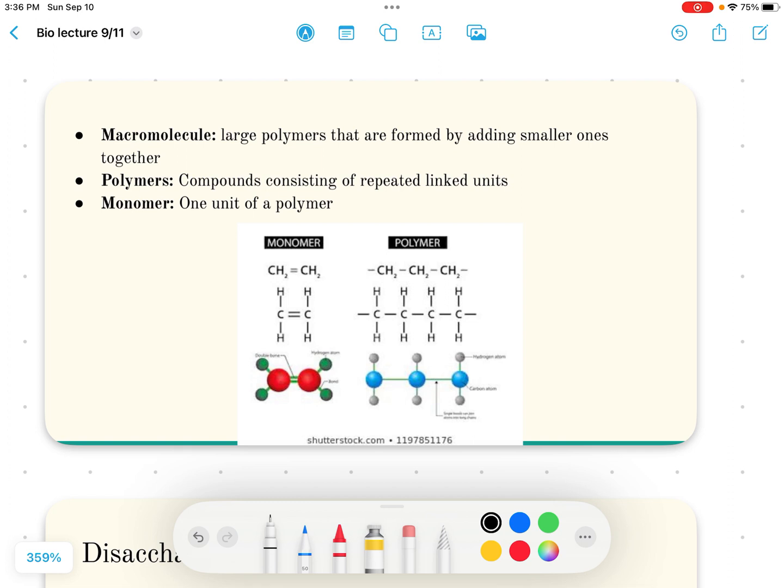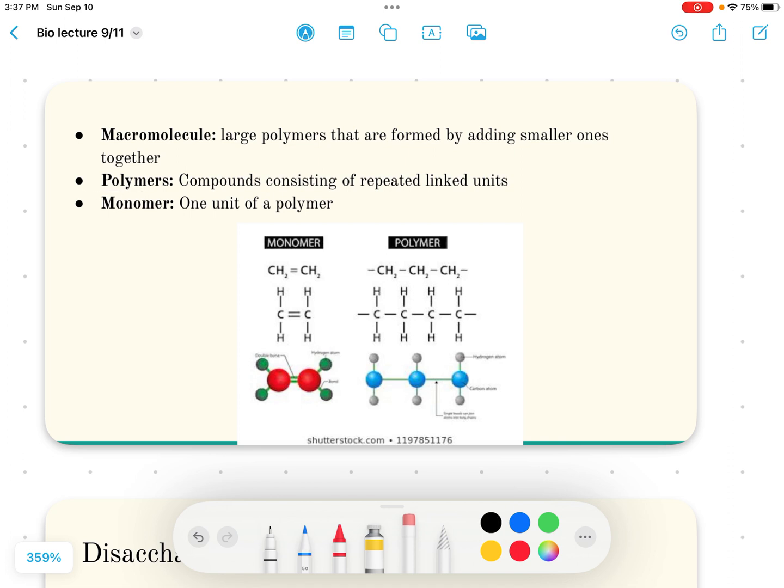For example, we have a polymer here, CH2, and we're just going to repeat that CH2 all the way through. You see we have a C and 2 hydrogens, carbon, 2 hydrogens, all the way through, creating this nice little link. The prefix poly means many, so we have many links together.